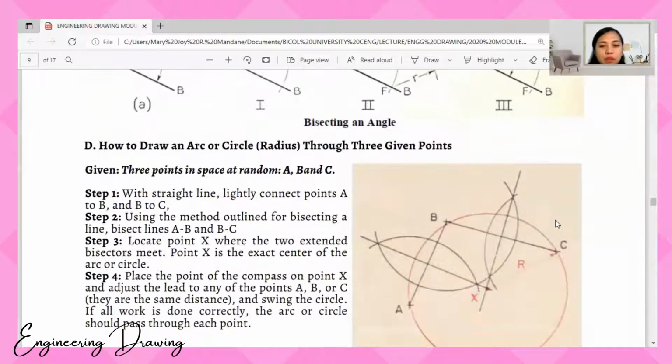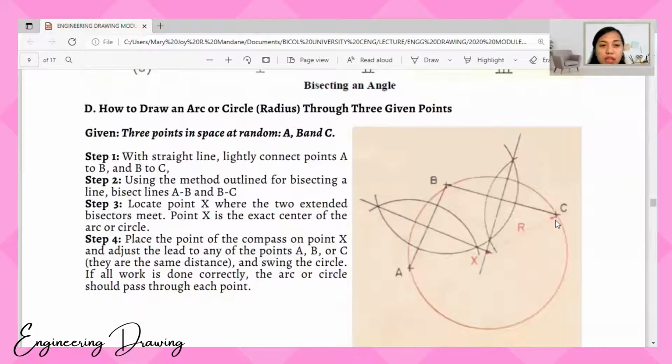Okay? Now, how to draw an arc or circle of a given radius through 3 given points. Given 3 points in space at random, A, B, and C, step 1, lightly connect with a straight line points A to B and B to C. Step 2, using the method outlined for bisecting a line, bisect lines AB and BC.